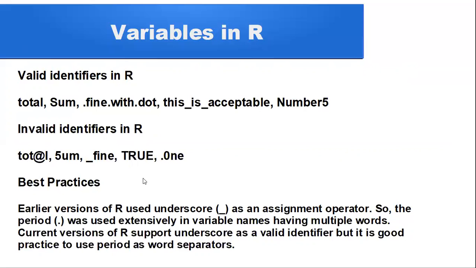Earlier versions of R used underscore as an assignment operator. So the period dot was used extensively in variable names having multiple words. Current versions of R support underscore as a valid identifier, but it is good practice to use period as a word separator. Clear?